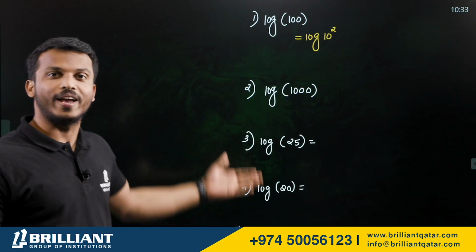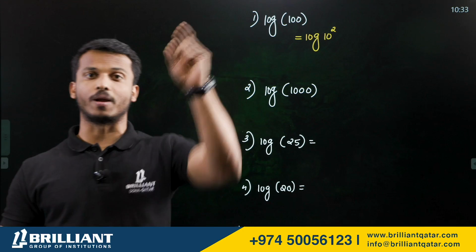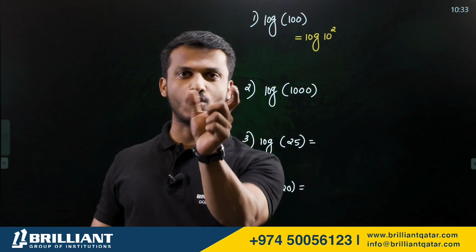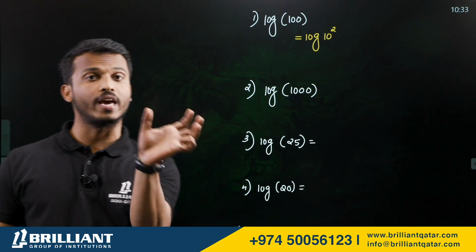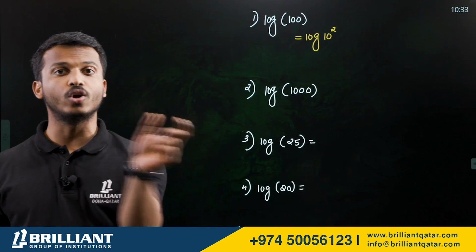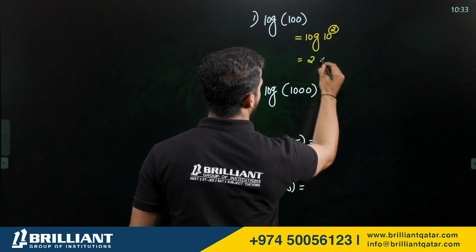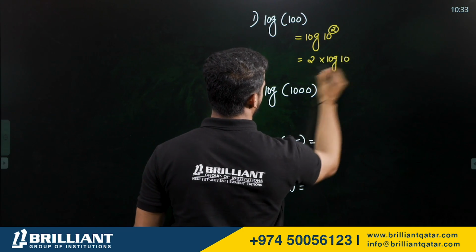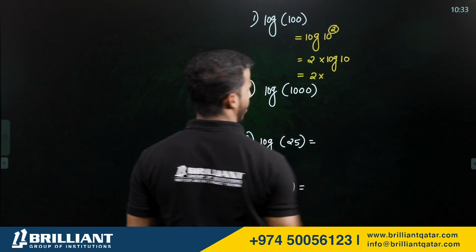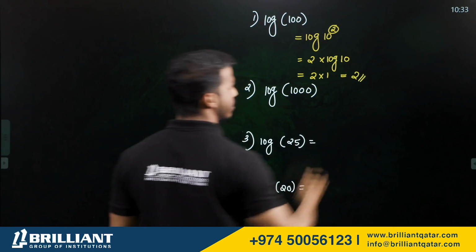This is in the form of log a to the power b, which is b into log a. Here b is 2, so 2 into log 10. Log 10 is 1, so log 100 is 2.